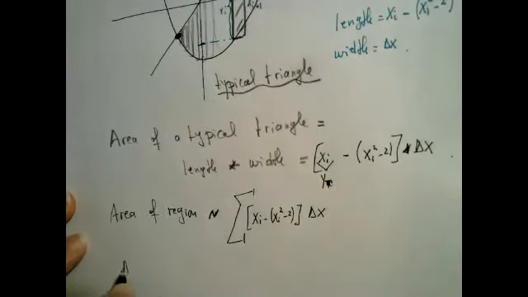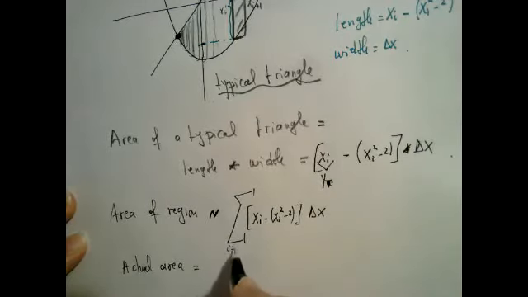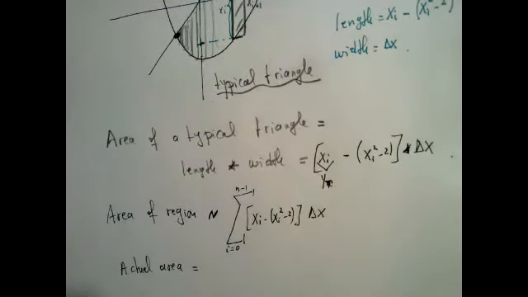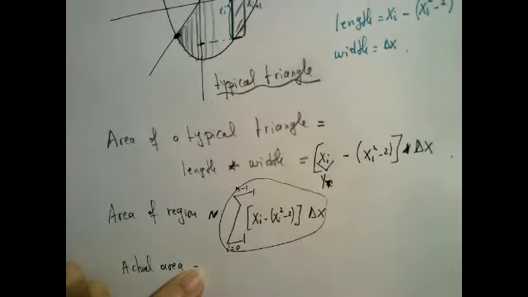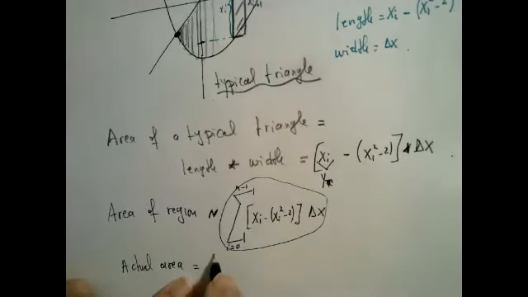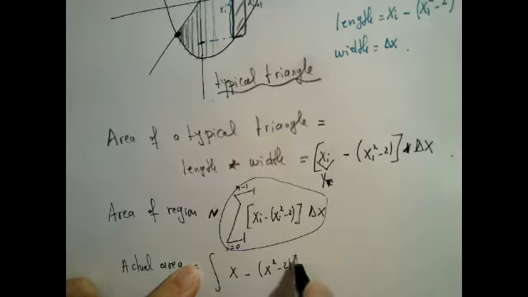But the actual area is what happens when n becomes very large, when we take it to infinite subdivision. And we realize that this sum looks exactly like a Riemann sum. So it's going to be the definite integral of x minus (x squared minus 1) dx.